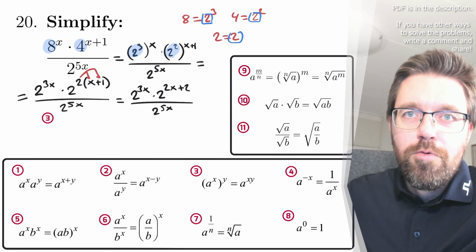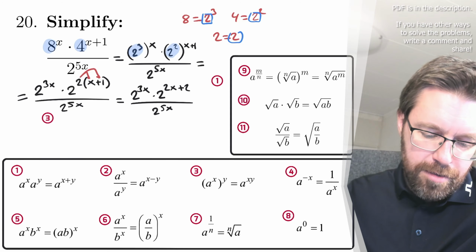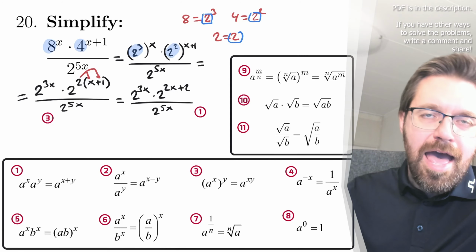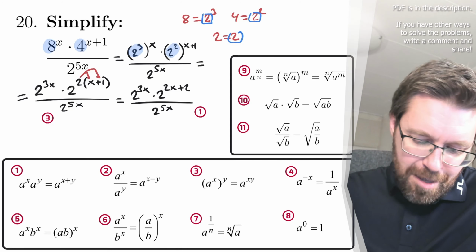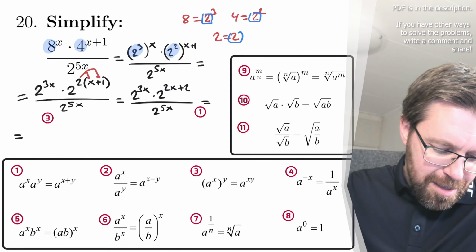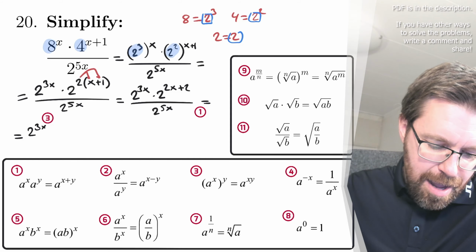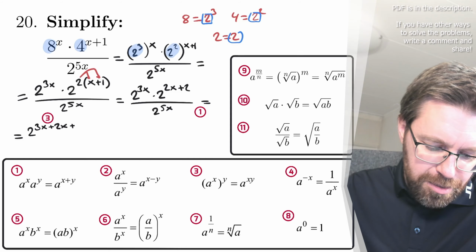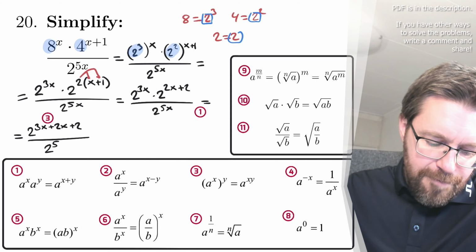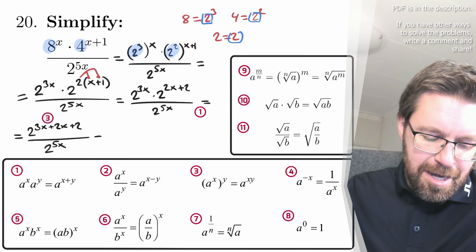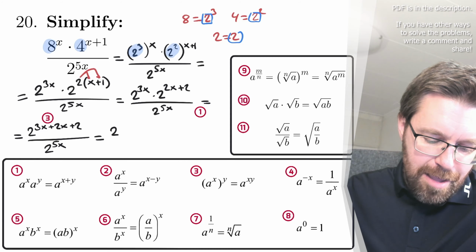You use rule number 1 in the numerator to add the exponents to each other, and then the whole thing will be like this: 2 raised by 3x plus 2x plus 2 divided by 2 raised by 5x. And in the numerator we have 2 raised by 5x plus 2, and then divide by 2 raised by 5x.